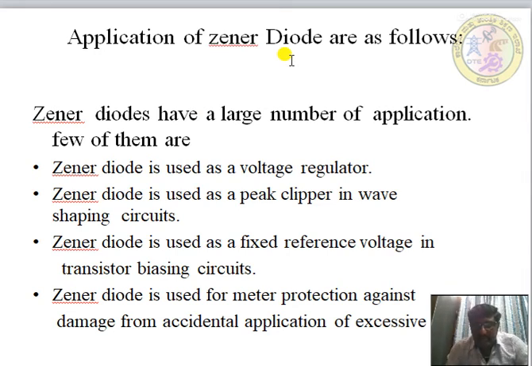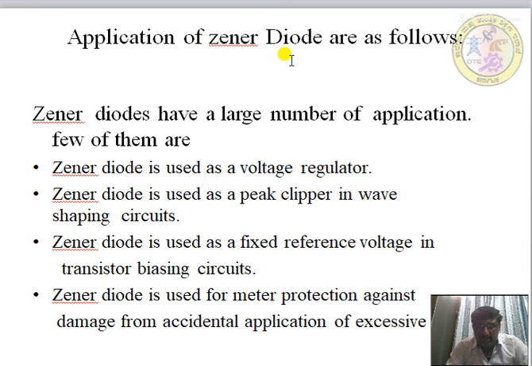Next, where are these Zener diodes applied? Zener diodes have a large number of applications, and we will go through a few of them. A Zener diode is used as a voltage regulator, which we will cover next in the regulators. It is also used as a peak clipper in wave shaping circuits, and in clipping and clamping circuits.